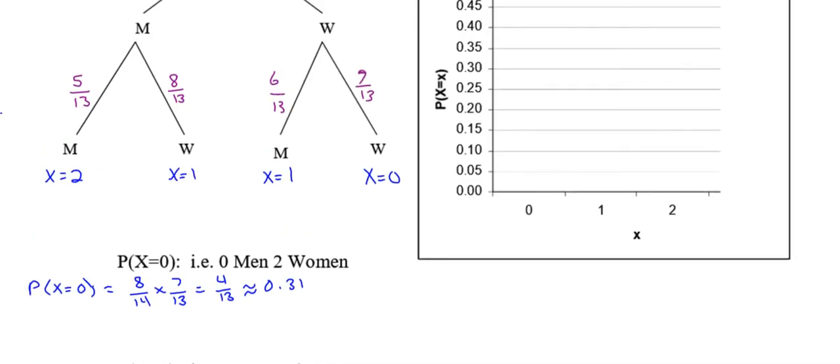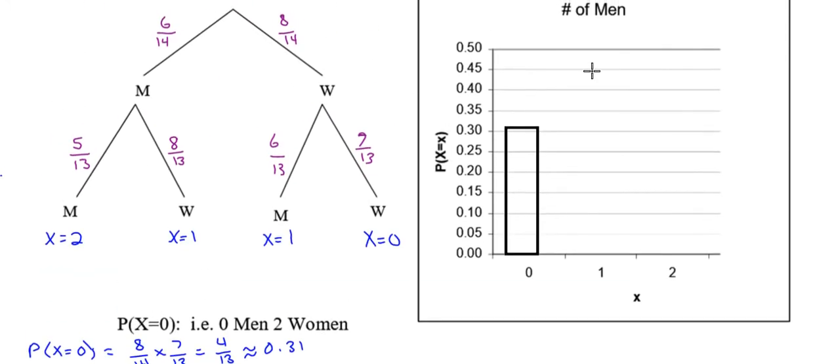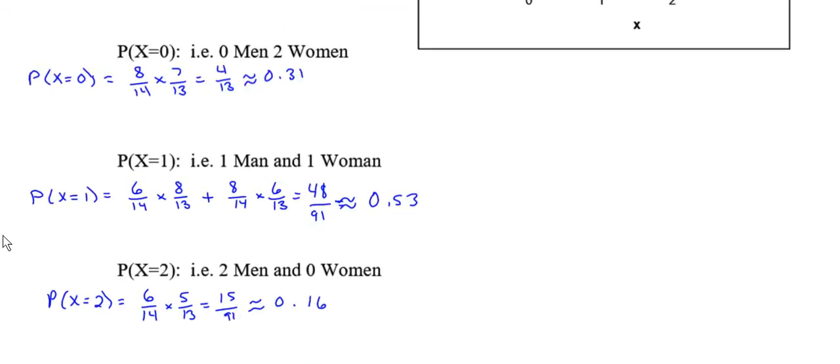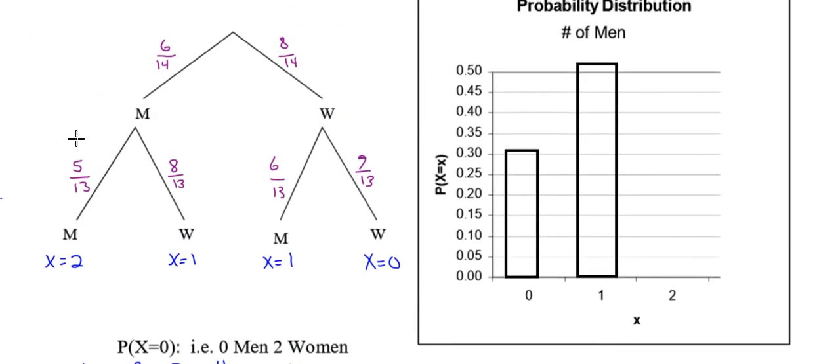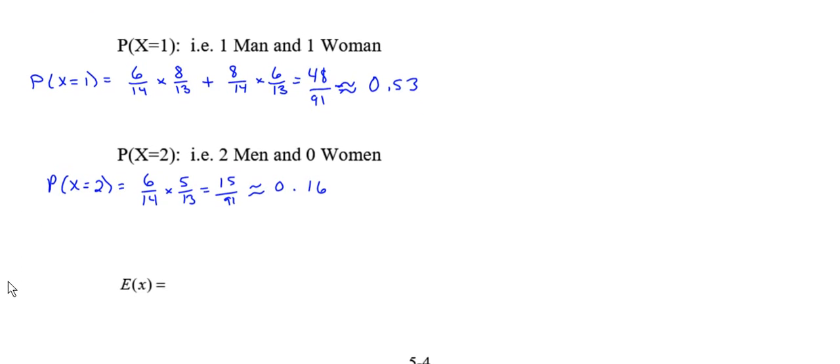So to make the graph, 0 men would be 0.31. 1 man was 0.53. Oops, sorry, that's a little bit off the graph. And 2 men is 0.16. So there is your graph and your expected value.